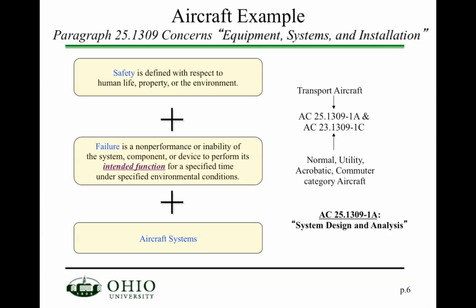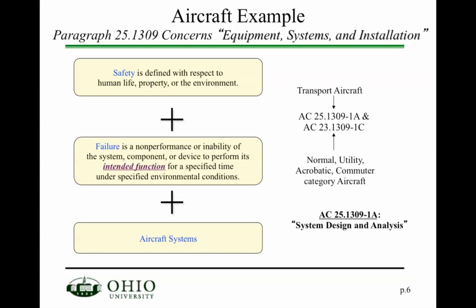Advisory Circular 25.1309 gives you additional information or guidance on this particular rule. Now remember, 25.1309 was with respect to transport category aircraft. Part 23 is normal, aerobatic, and small commuter category aircraft. But in these two advisory circulars, they talk about what to do about the systems and equipment that you install on board of an aircraft.